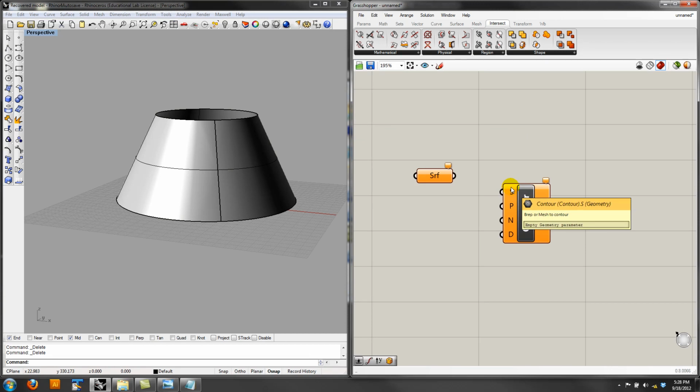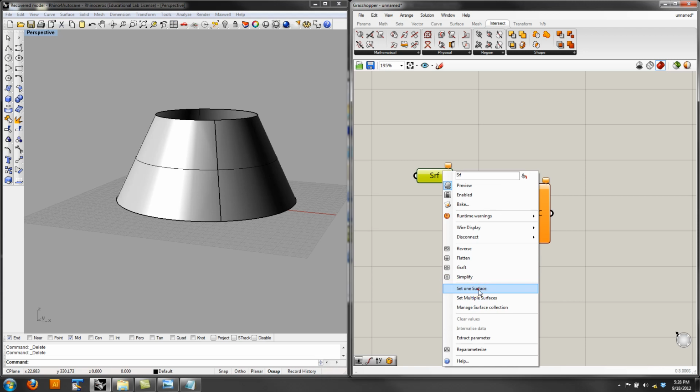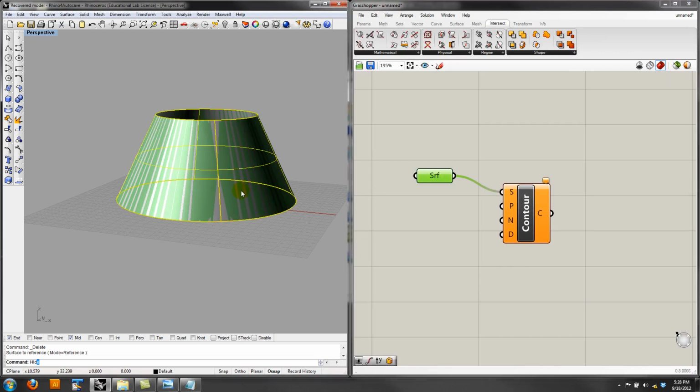Okay, it says brep or mesh. Brep is boundary representation, and if you look at the upper right hand corner, it's geometry. You don't have to worry about the Rhino language. A boundary representation could be a surface. It can be a solid. It's the bounds of an object. In this case, it's the surface. And we're going to reference that surface by saying set1 surface, and then I can go ahead and hide this.